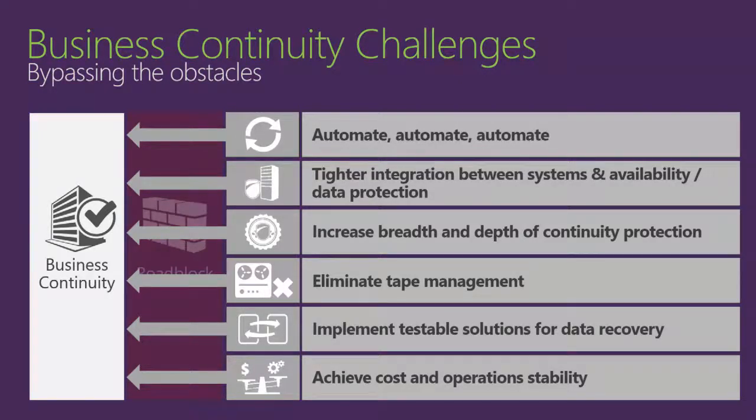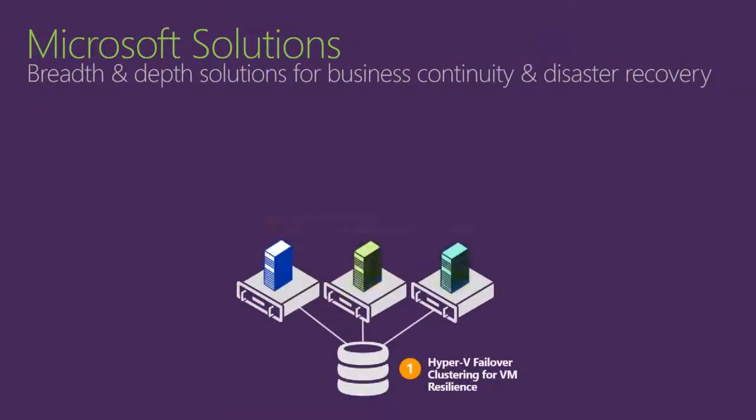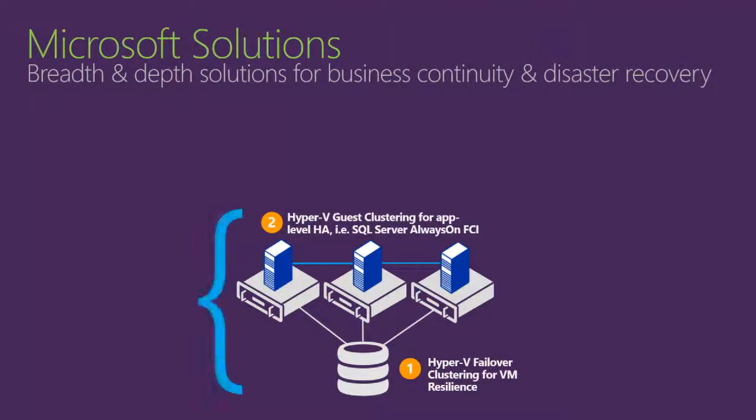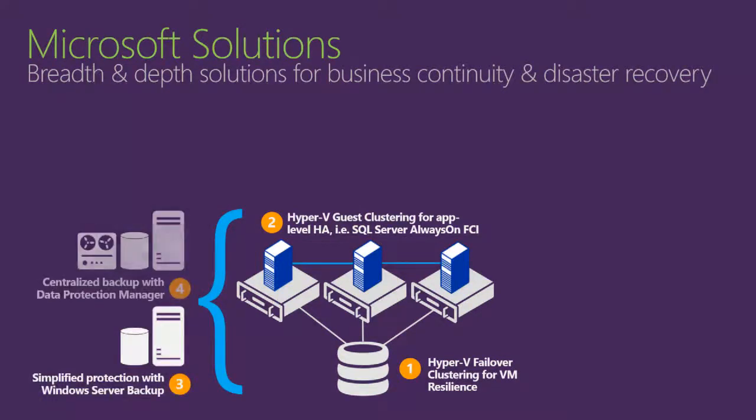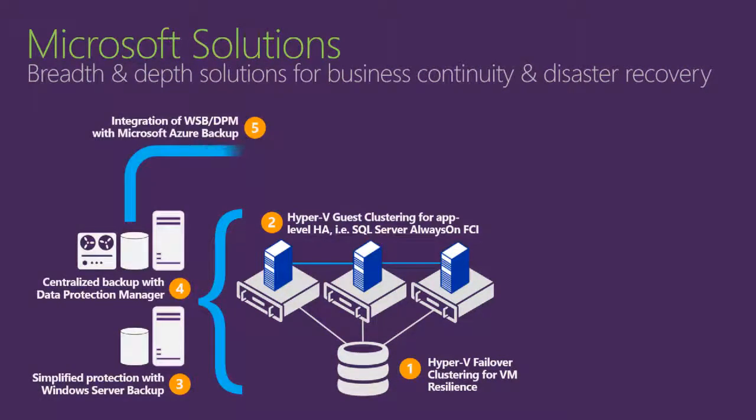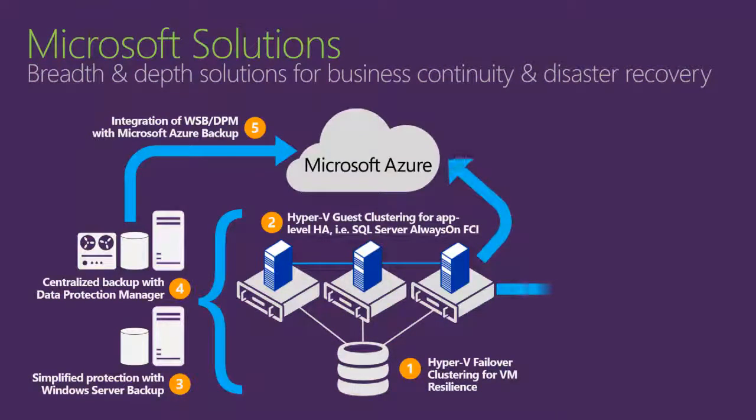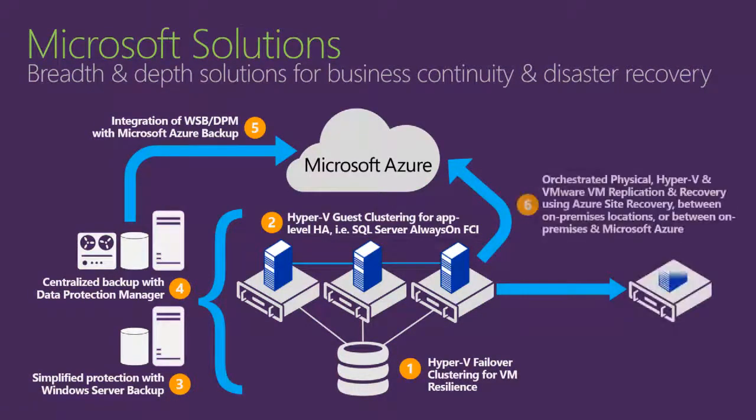How did we achieve that? By investing in multiple products with breadth. For example, failover clustering for the virtual machines, guest clusters for the applications, Windows Server backup for your operational needs, DPM to meet enterprise or large-scale backup, and then we integrated Windows Server backup and DPM with Azure to help you increase further scale and reduce costs.